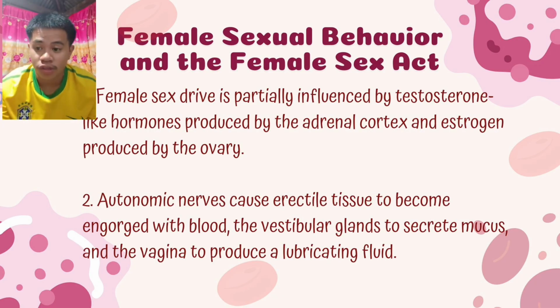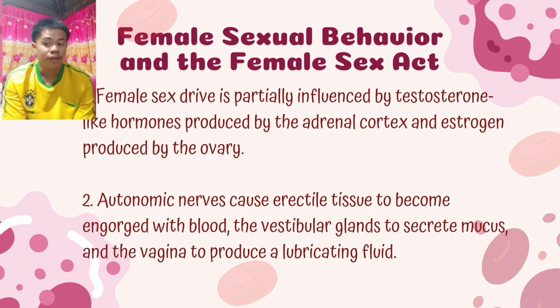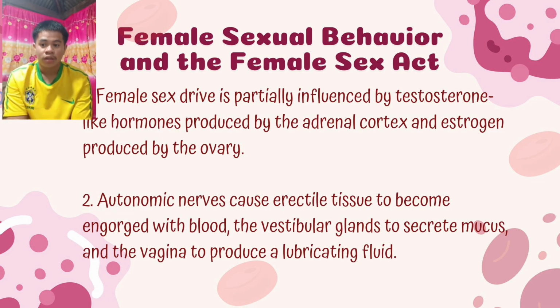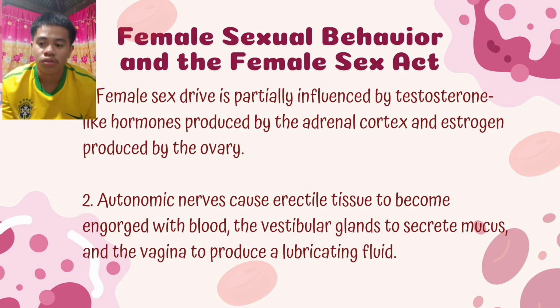And here's the second definition, ma'am. Autonomic nerves cause erectile tissue to become engorged with blood, the vestibular glands to secrete mucus, and the vagina to produce lubricating fluid.